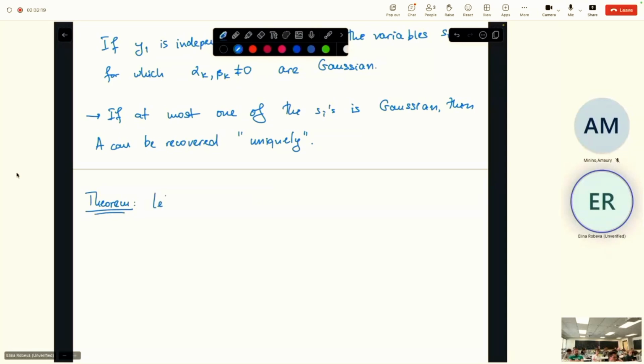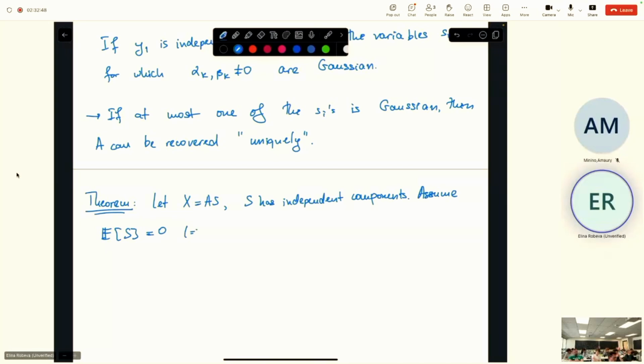Let X = AS as before, where S has independent components, and assume that the expectation of S is zero. So it's mean zero. We're going to center everything, and therefore also the expectation of X is zero.